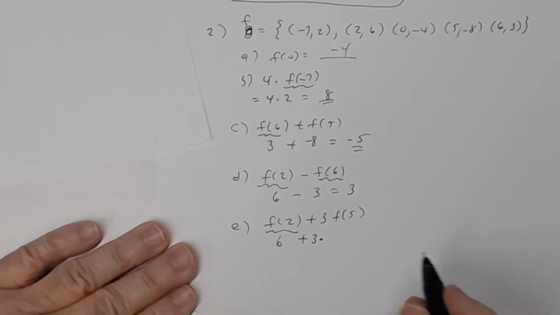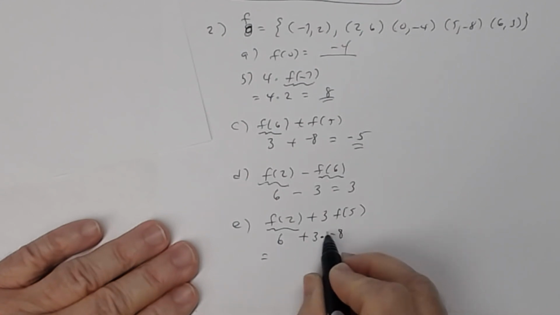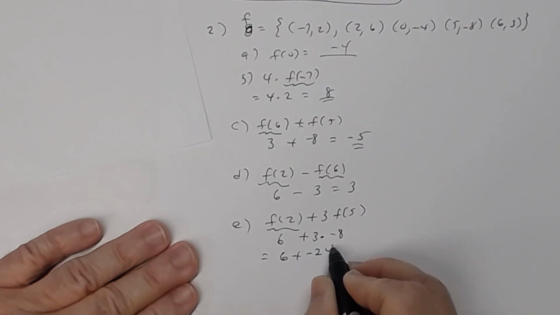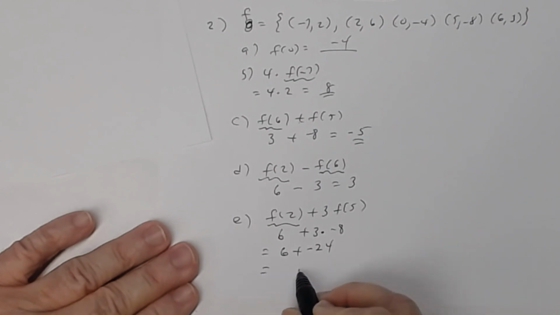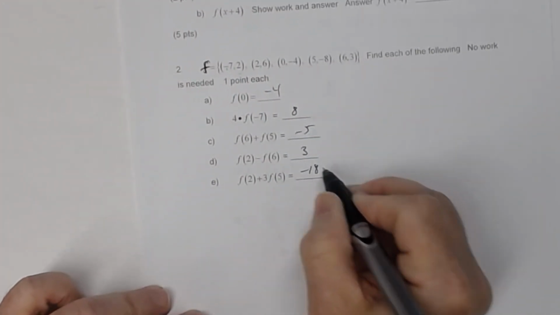When x is 5, my y value is negative 8. Simplifying this, we do multiplication before we add. 3 times a negative 8 is a negative 24. And then 6 plus a negative 24, use your calculator if you have to, is a negative 18. So negative 18 is going to go here.